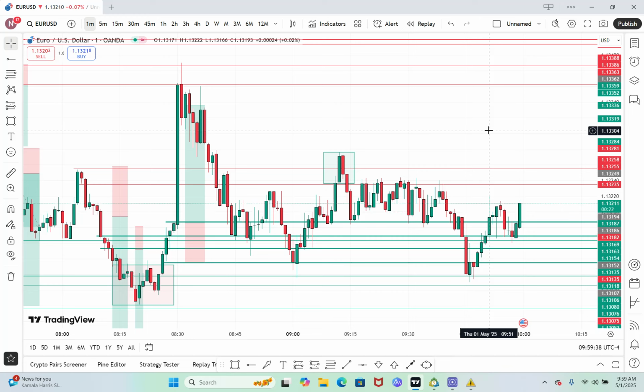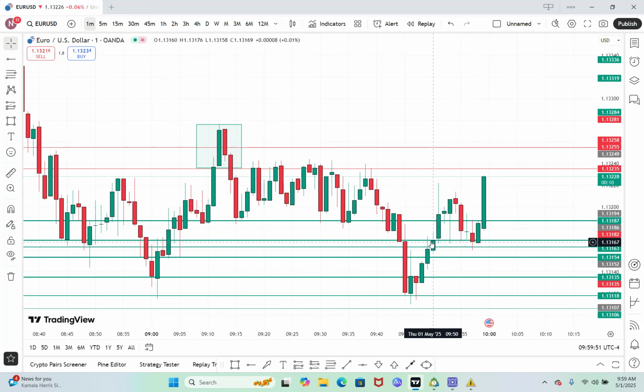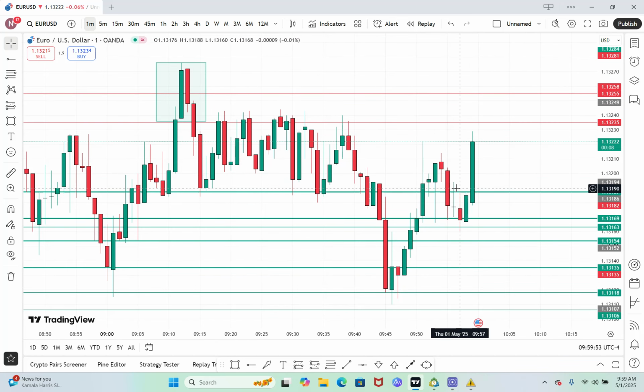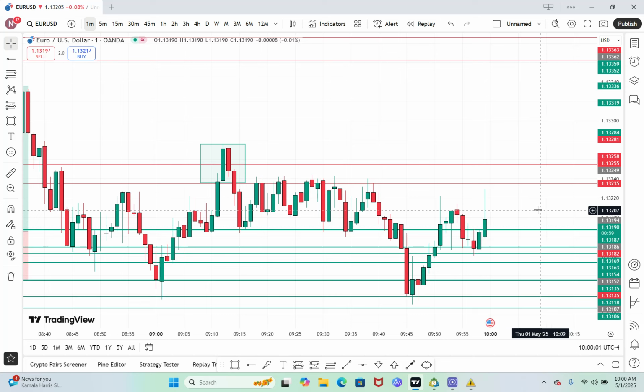Seems like we might have an opportunity forming right here. This here, a strong bull candle moving up to the upside. Let's see if this will continue or not.